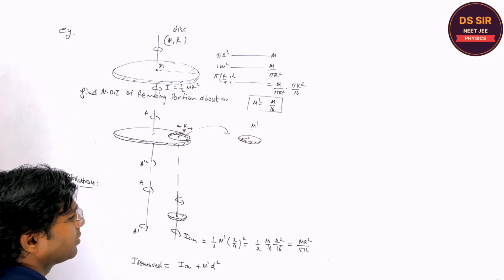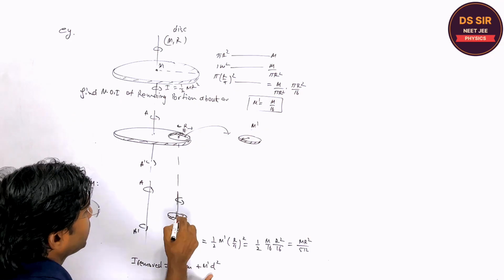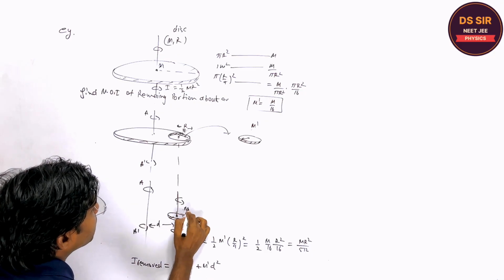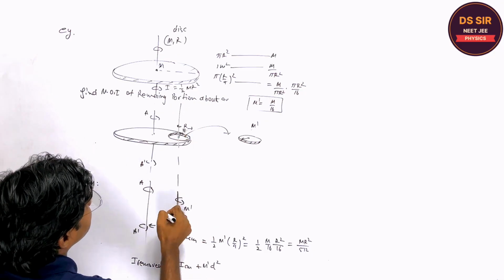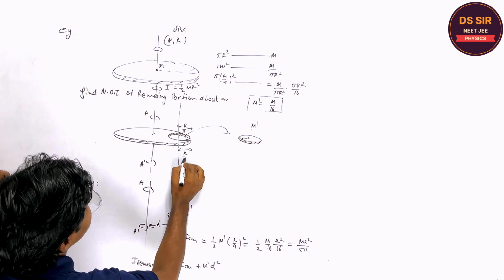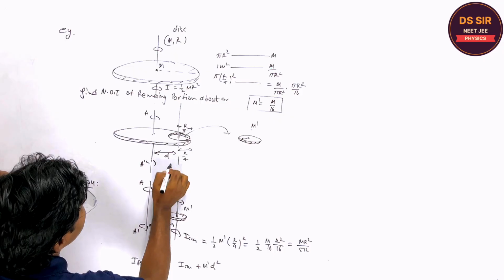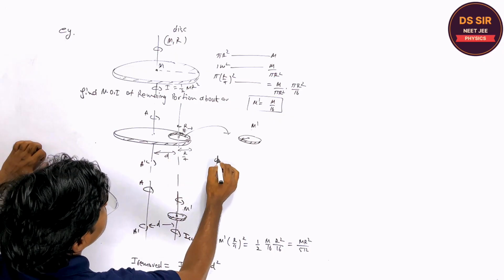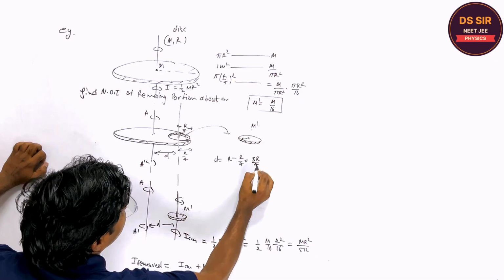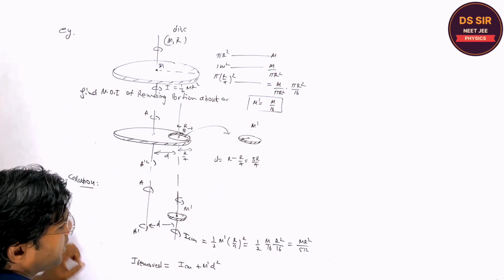Are you getting or not? What is this? Say m dash. What is the d? Can you tell me what is the d? Very nice. Because this distance is r by 4, and this is the d, and total is r. So what is the d? R minus r by 4, so 3r by 4. I think you can do that now.